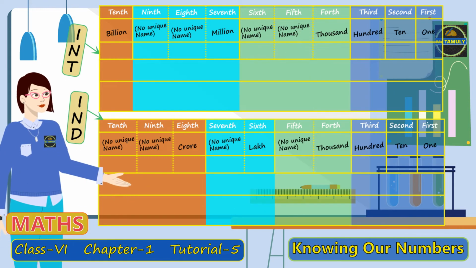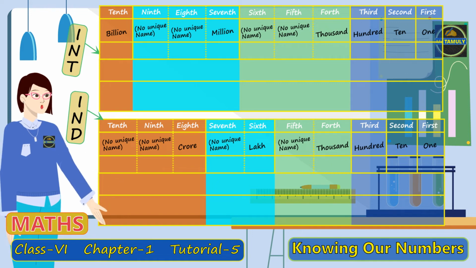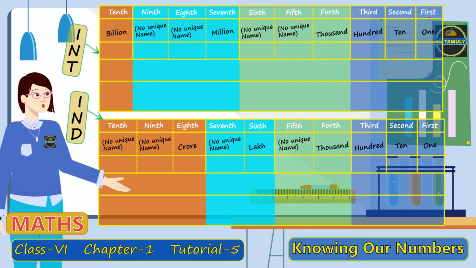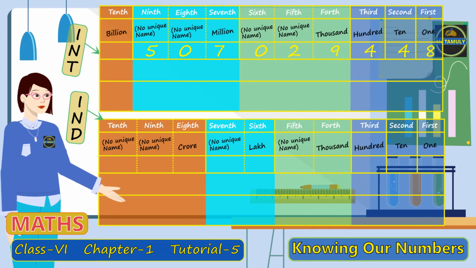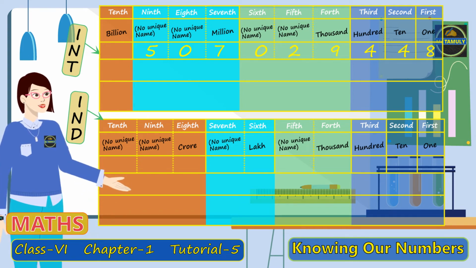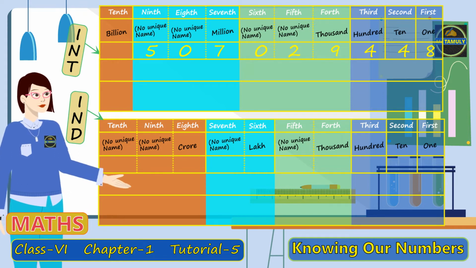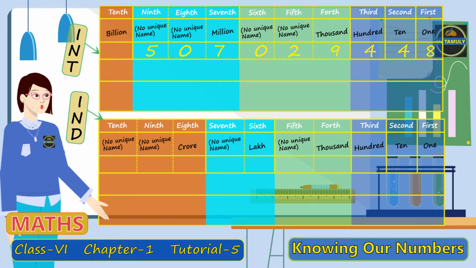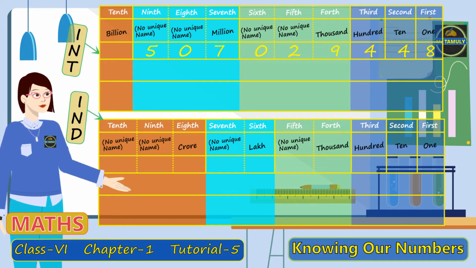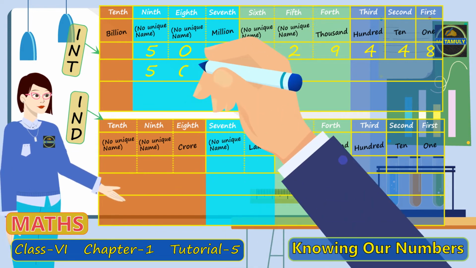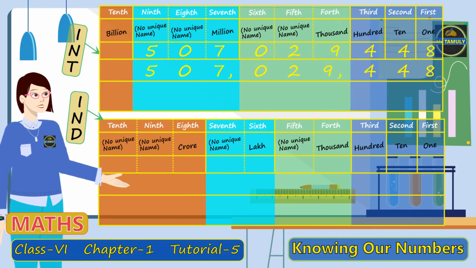Let's now try out the international name of a random 9-digit number. The number is 507,029,448. The first step in naming a large number is to separate the combined positions by putting in the commas. Therefore we shall rewrite the 9-digit number as 507,029,448.